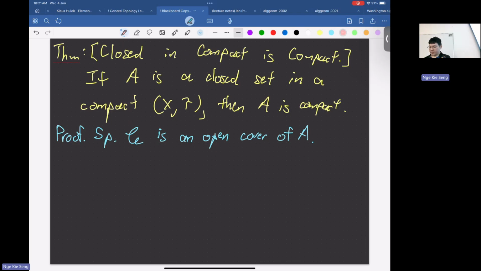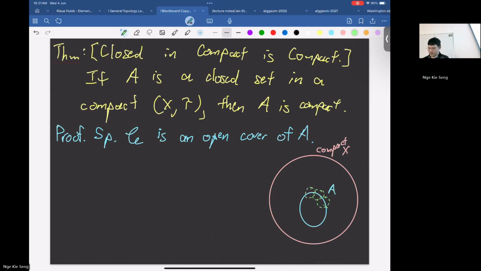So what's the picture here? Let's draw it. You've got an X, which is compact. And then you've got an A inside here. Maybe you've got some cover of your A. Let's draw our sunflower here.